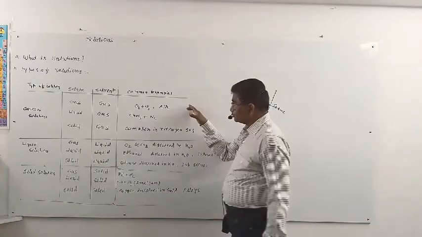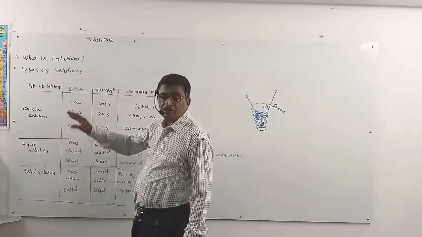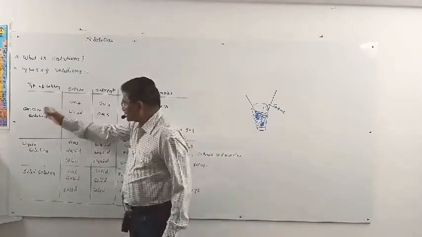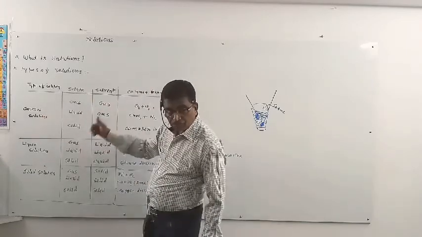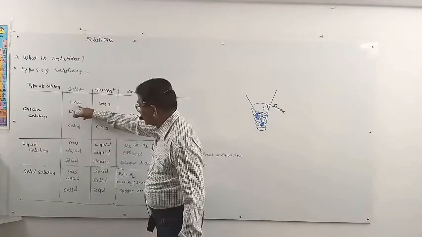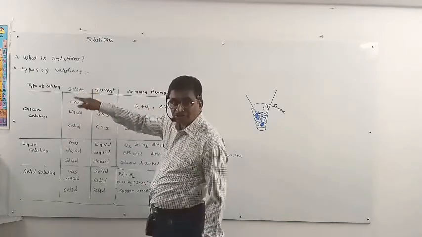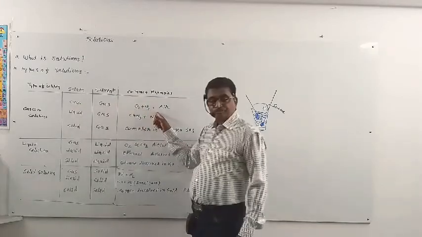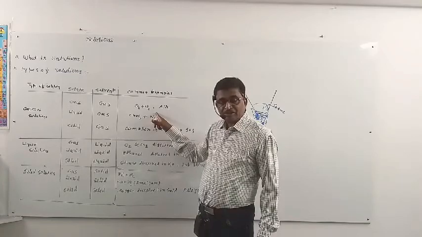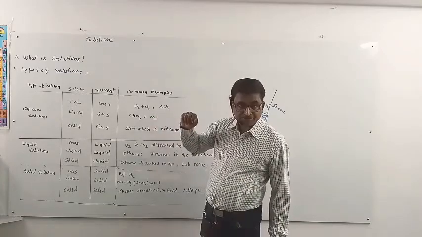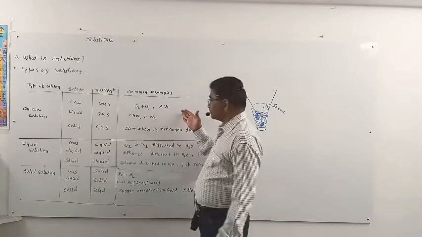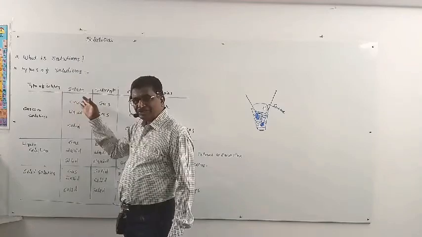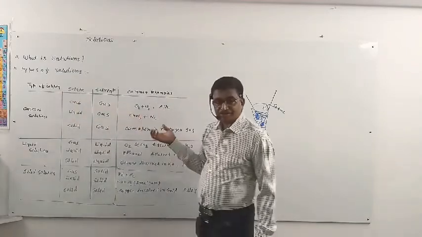With example, suppose the major part of the solution is in a gaseous form, so the solution is gaseous, and the minor part is gas, which we know as the solute. If in our solution, the solute is a gas and the solvent is also a gas, the example is dioxygen dissolved in nitrogen. In air, air is the most important and common example, where solute is also gas and solvent is also gas.